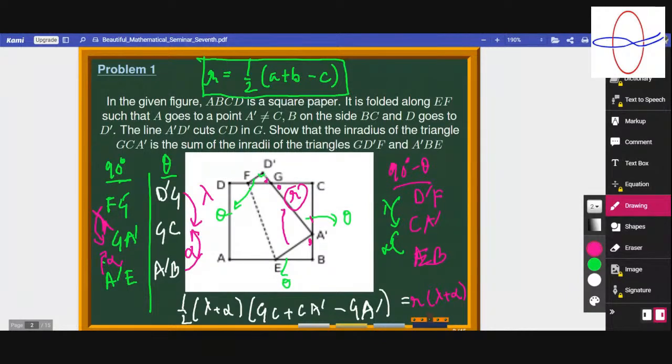Did you understand till this point, guys? Think about it. It's really one step away. How to do this now?